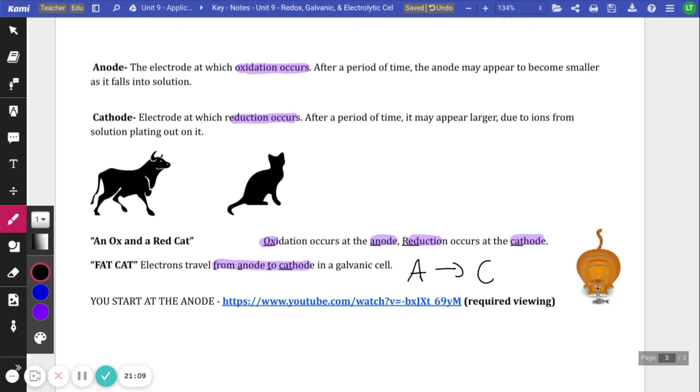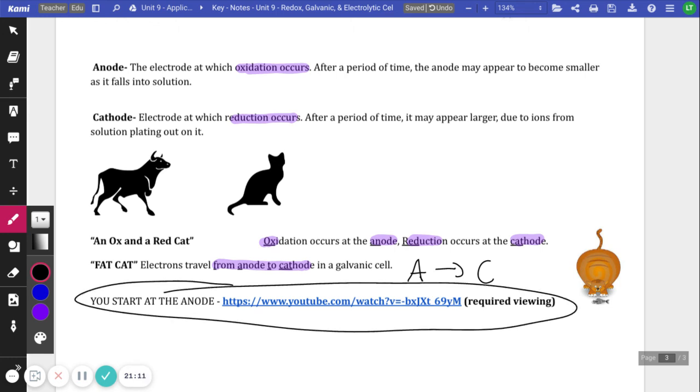Okay, this video is very annoying, but it is so helpful to help you remember how a galvanic cell is going to flow and work. So I'm saying it's required viewing. You need to log off this video and go watch it because it's really going to help you remember what's happening in a galvanic cell.